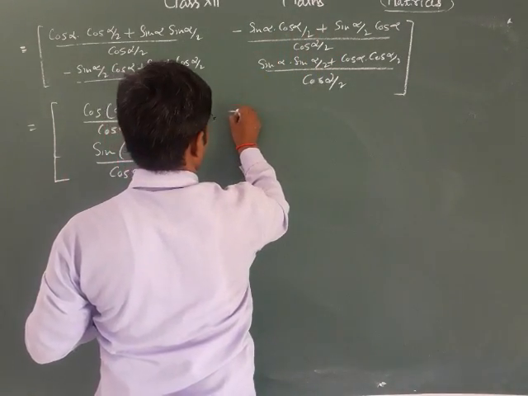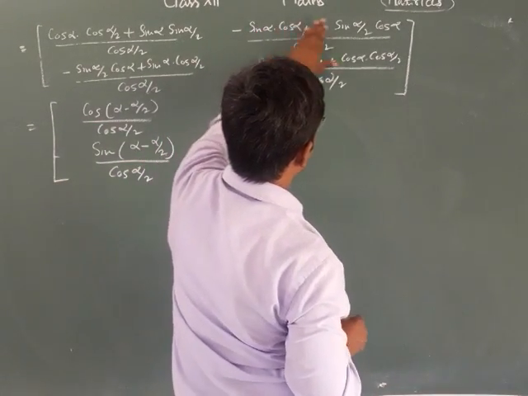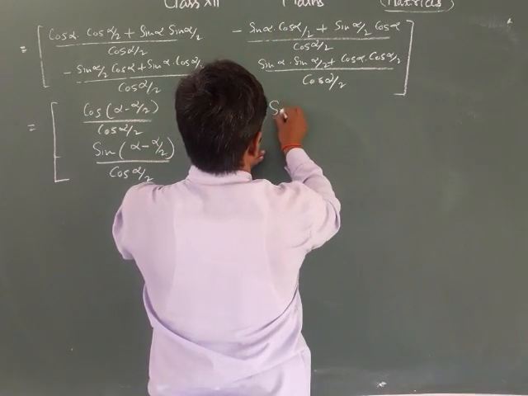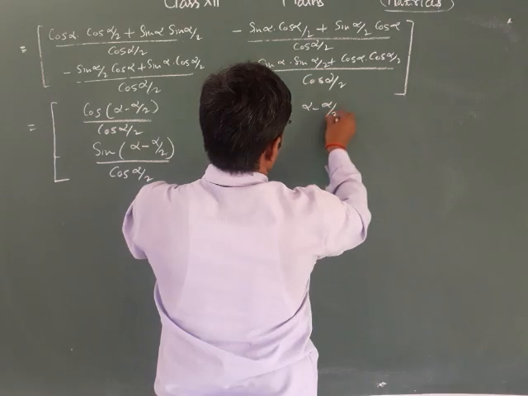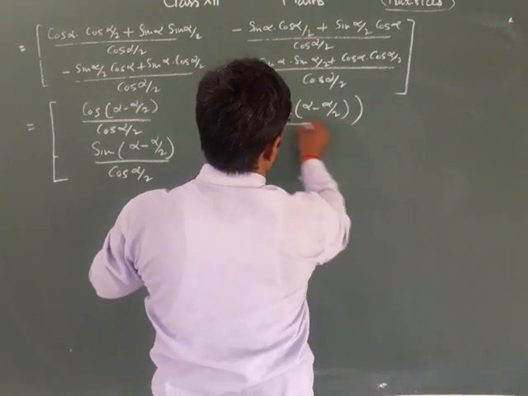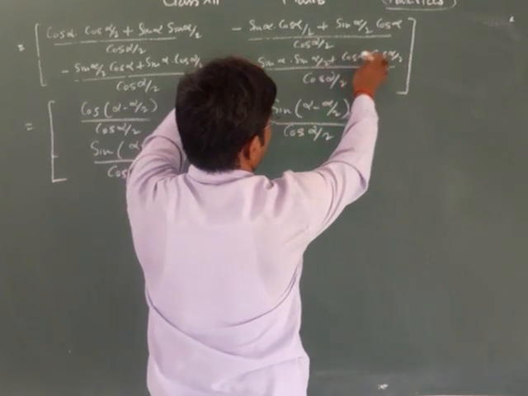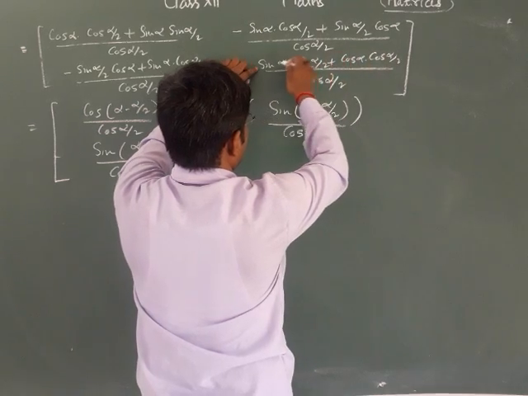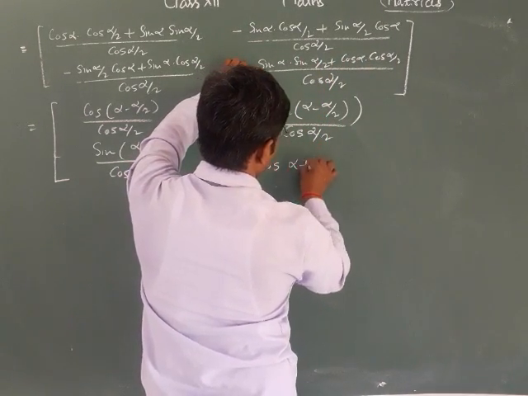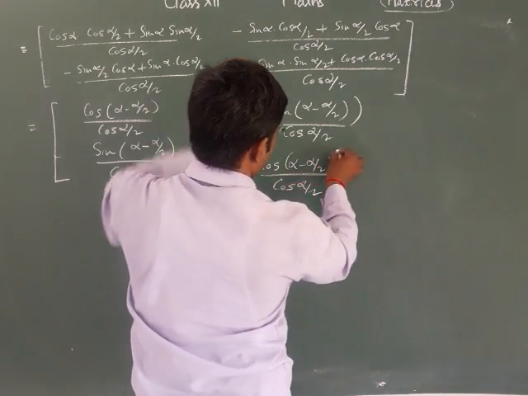Taking minus, so this is plus and minus, so sin of alpha minus alpha by 2 upon cos alpha by 2, and cos A cos B plus sin A sin B is cos of A minus B, so alpha minus alpha by 2 upon cos alpha by 2.